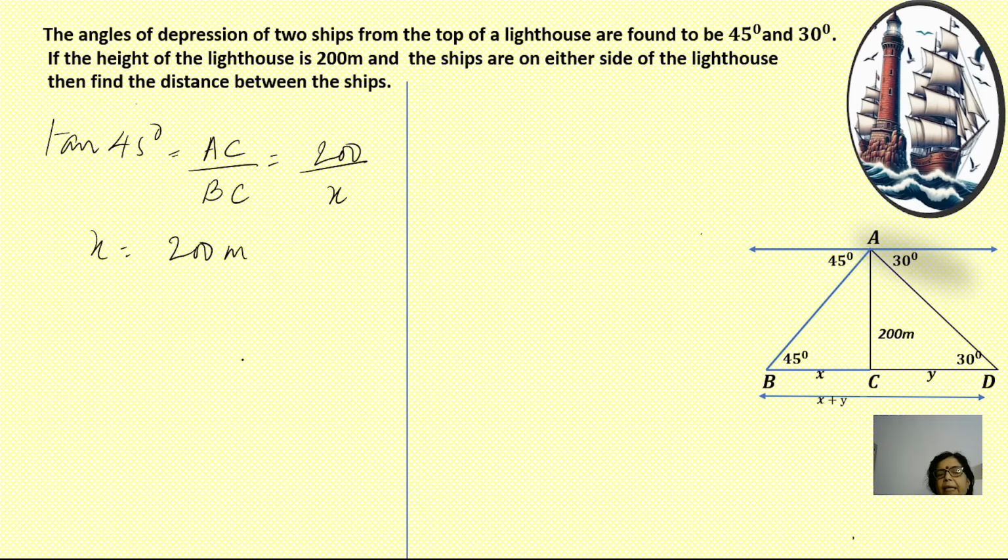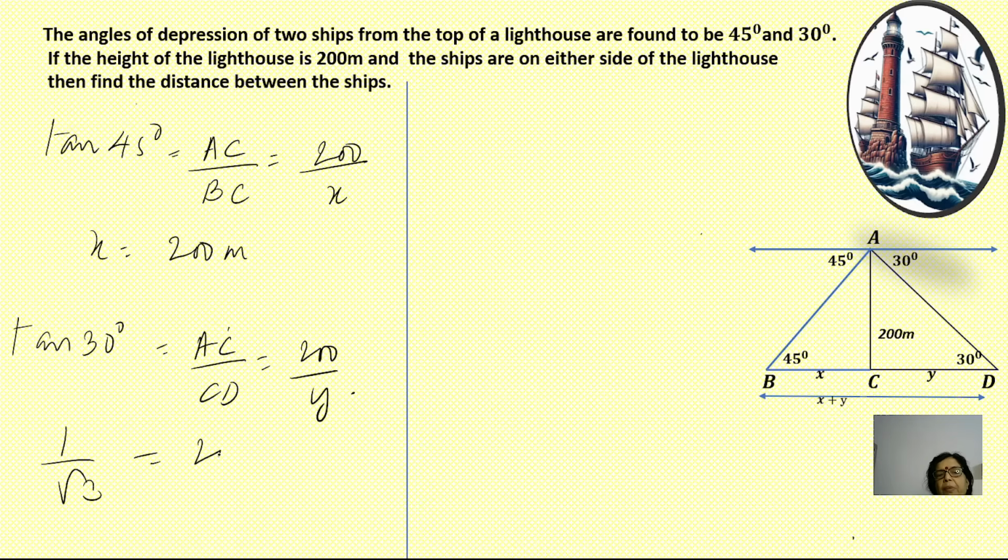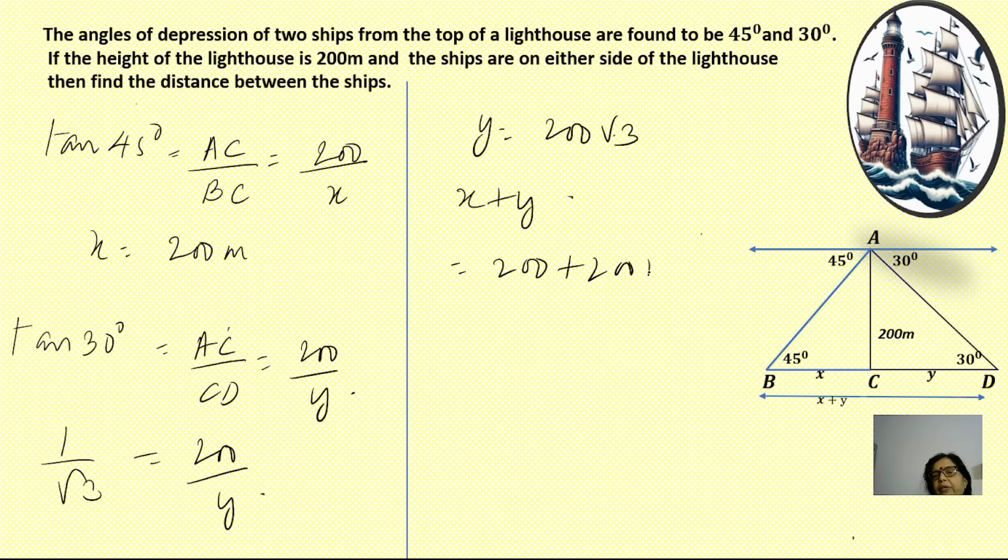In the second triangle we get tan 30 degree is equal to AC upon CD, that is 200 by Y. Now tan 30 is 1 by root 3, so this becomes 200 by Y, or Y becomes equal to 200 root 3. X is 200, so now the distance between the ships, that is X plus Y, will be equal to 200 plus 200 root 3.